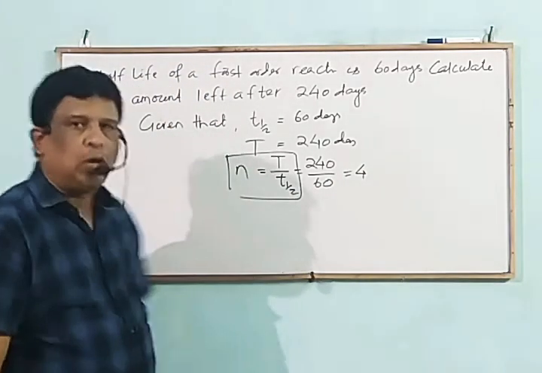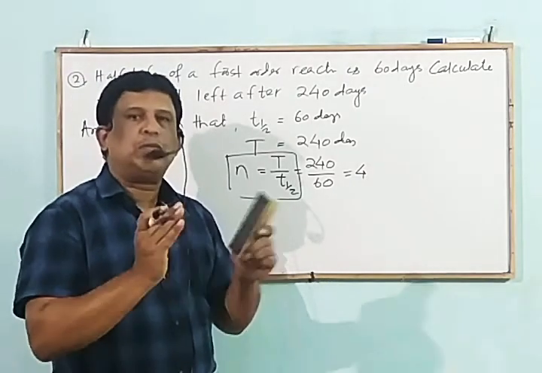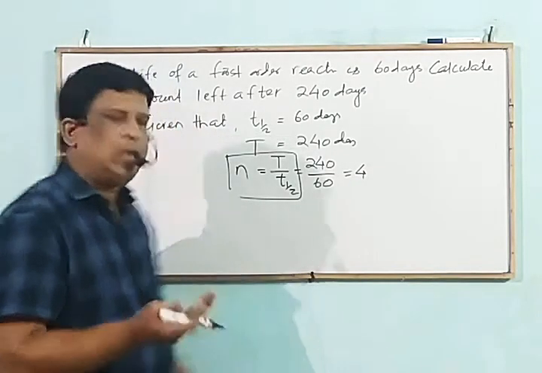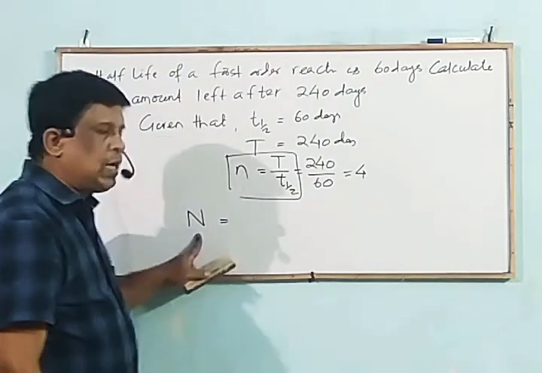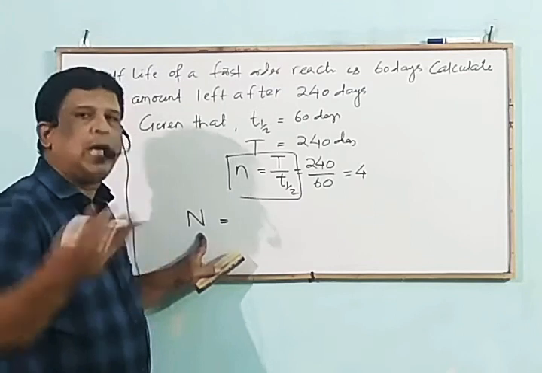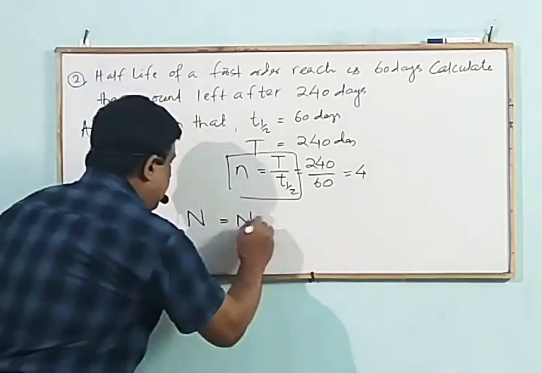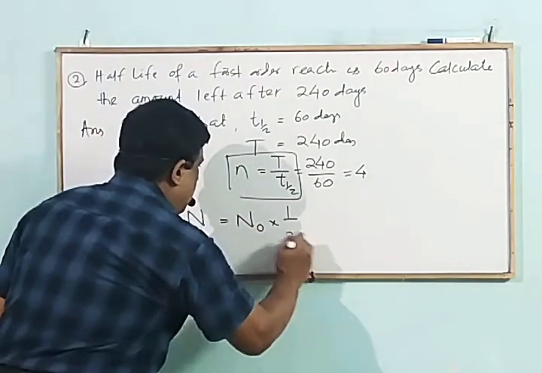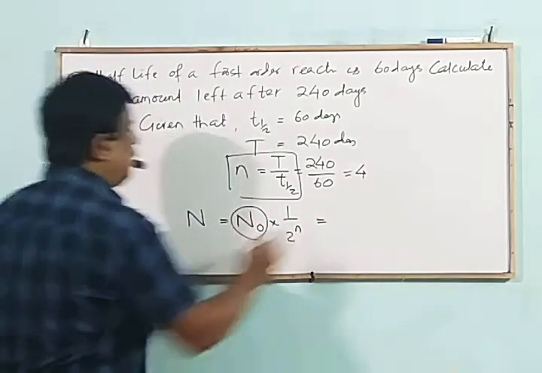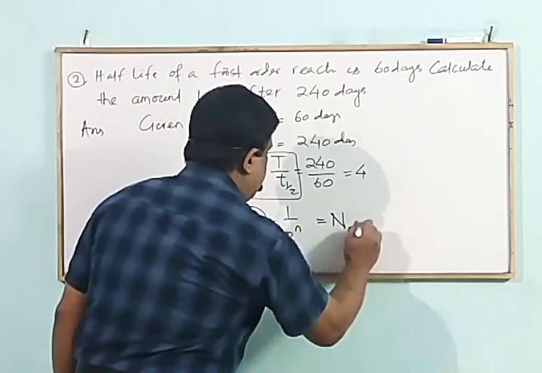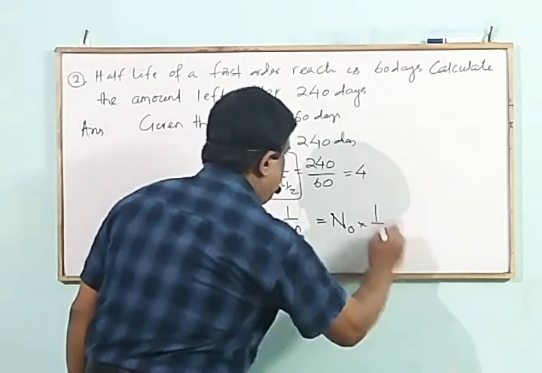Simultaneously another formula is there. The fraction of substance left, how do we calculate it? The fraction of substance left after N half-lives is equal to initial amount into 1 by 2 to the power N. By putting this value, let the initial amount be taken as N naught, into 1 by 2 to the power 4.